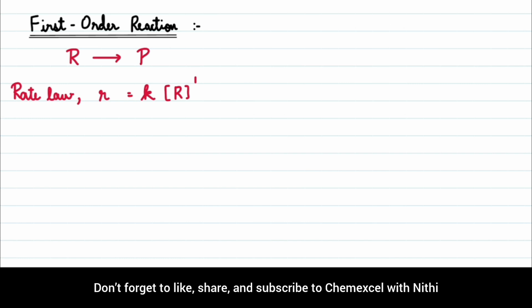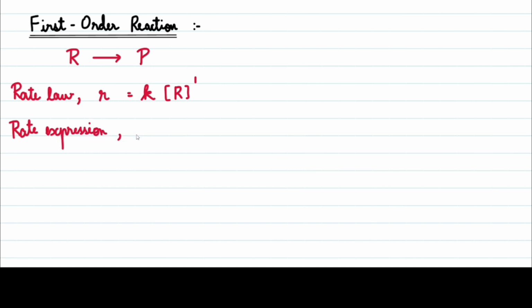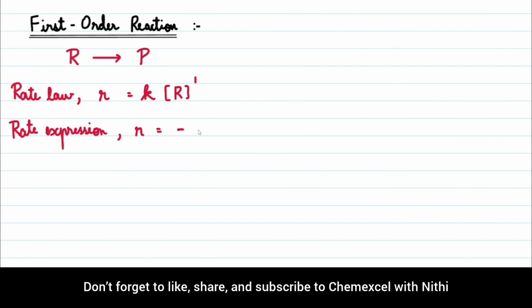Now let's write the rate expression for this reaction. What will be the rate expression? It will be equal to negative for the reactant because the concentration of the reactant decreases while the concentration of the product increases, right?